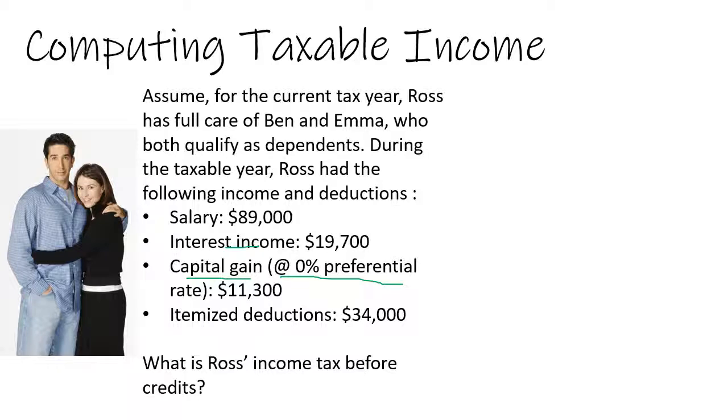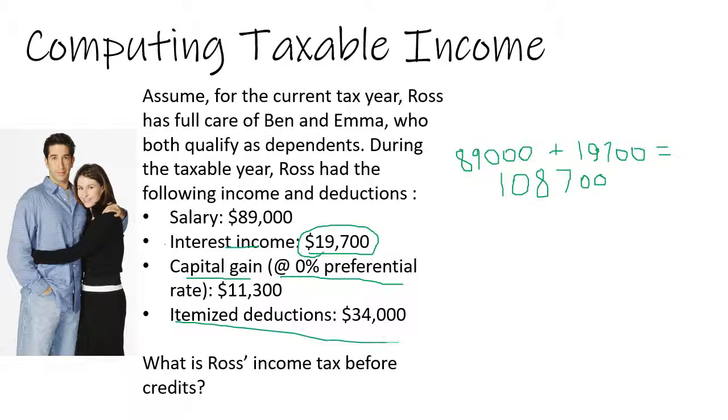And we can assume that this interest income constitutes normal income. So Ross has a total income, adjusted income, of, which means that Ross has an adjusted gross income of $108,700. We know that Ross has itemized deductions totaling $34,000.